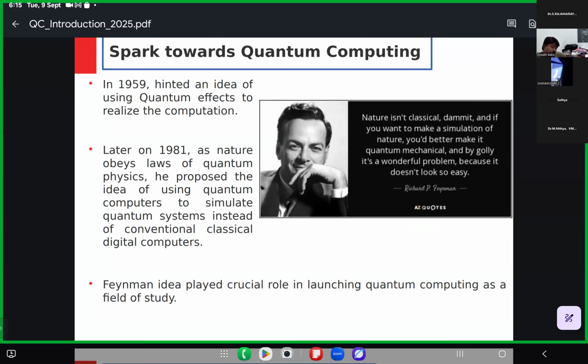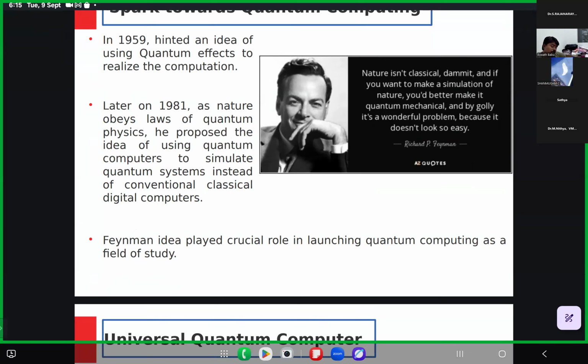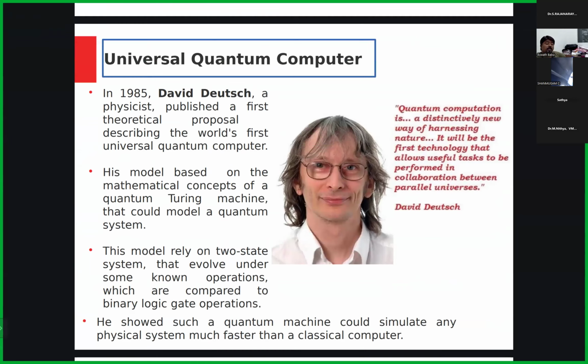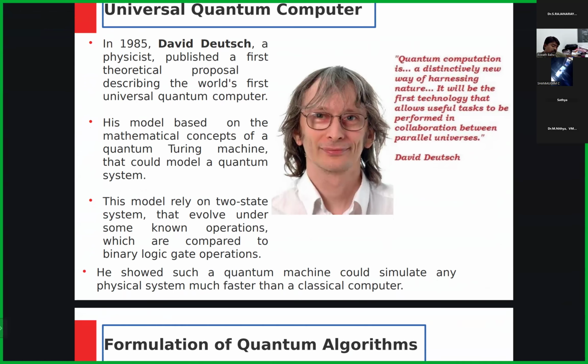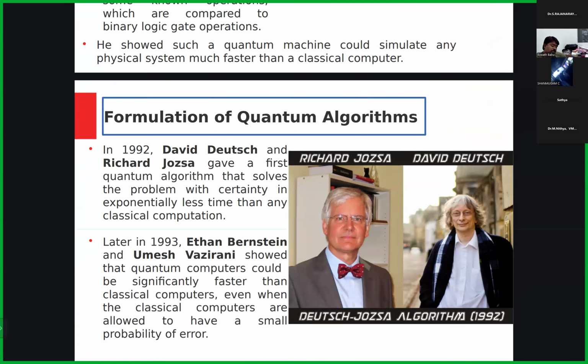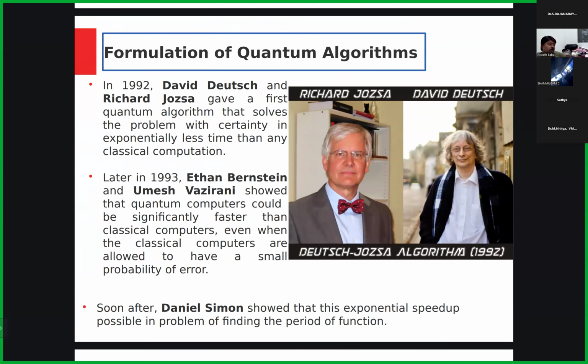That is how he sparked the idea, and that idea was picked up by David Deutsch, and he came up with a universal quantum computer purely based on two states, just like a coin being head and tail. From there, he designed a theoretical model where we can do small calculations. So the universal quantum computer was theorized.